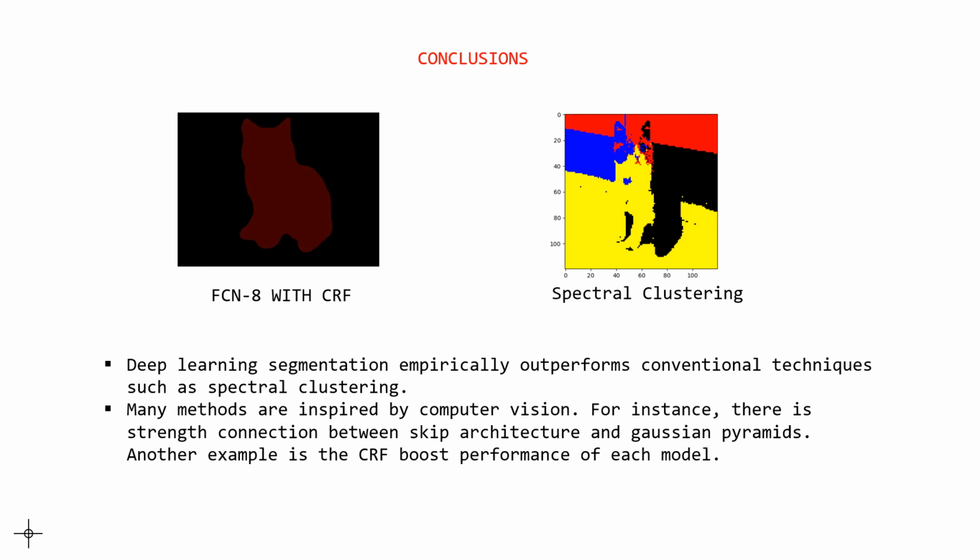Furthermore, the CRF method invented before is integrated into FCN as post-processing, which results in better performance than the network without CRF. We see that concepts in classical vision are transferred into deep learning, and they continue to inspire solutions that are integrated into the deep learning pipeline.